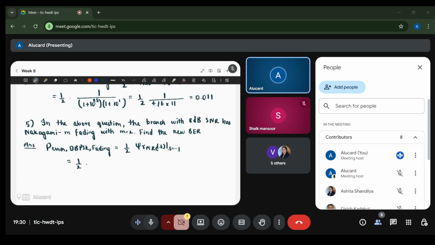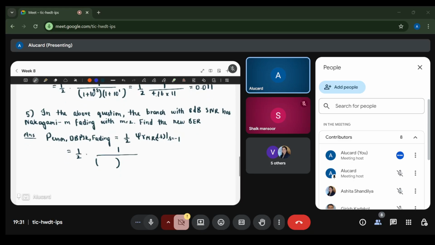So now it's half. First receiver, there is no change. It's still Rayleigh fading. So the term corresponding to that is still 1 plus S gamma, 1 minus S gamma. S is minus 1. Gamma is 5 dB. So it's still 1 plus 10 power 0.5.